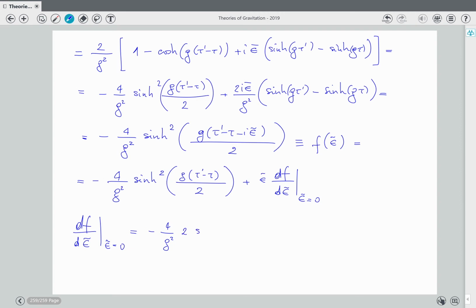There is a hyperbolic sine, and then there is a derivative of the hyperbolic sine, which is a hyperbolic cosine. And then we have to multiply this by the derivative of the argument with respect to epsilon tilde, which gives minus ig over 2.